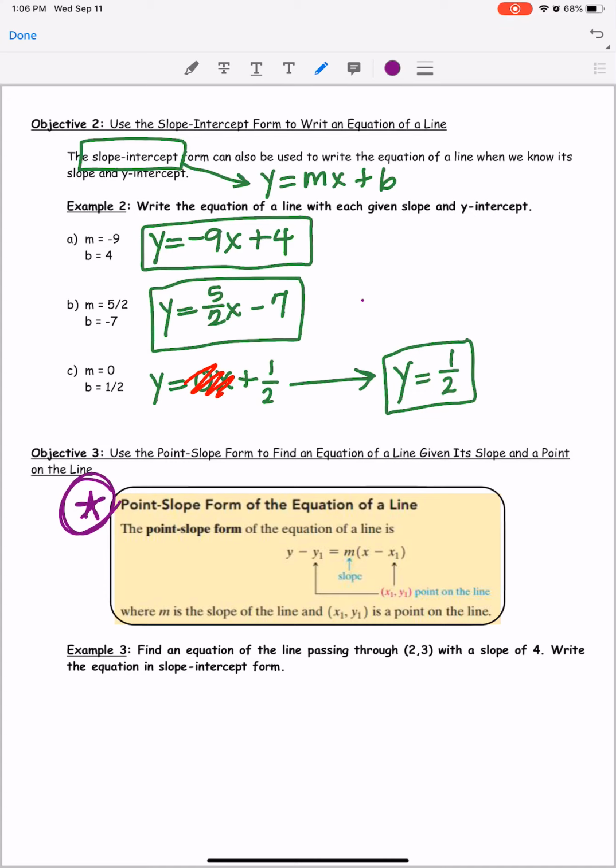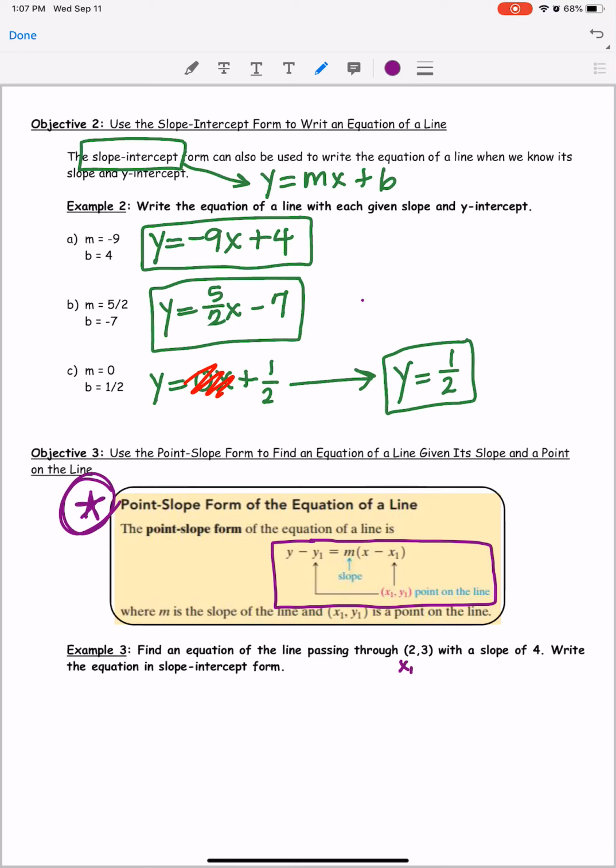Example 3 says to find, and let's go ahead and box this, sorry. Okay. So find the equation of a line passing through 2, 3. This is your ordered pair.